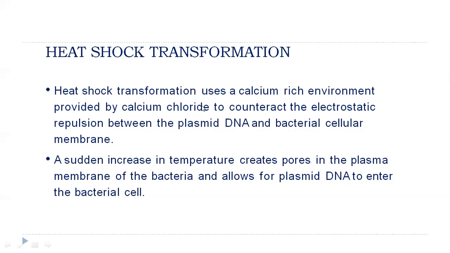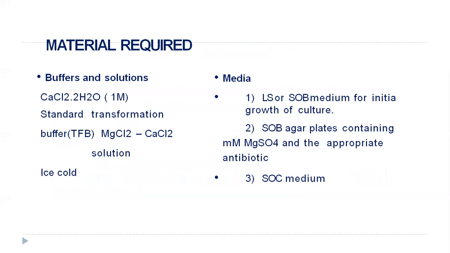So calcium chloride and heat generate this kind of environment, which makes pores in the plasma membrane and lets the plasmid DNA enter the bacterial cell.